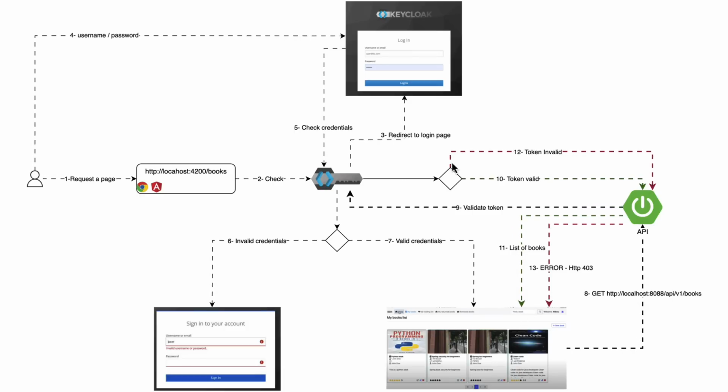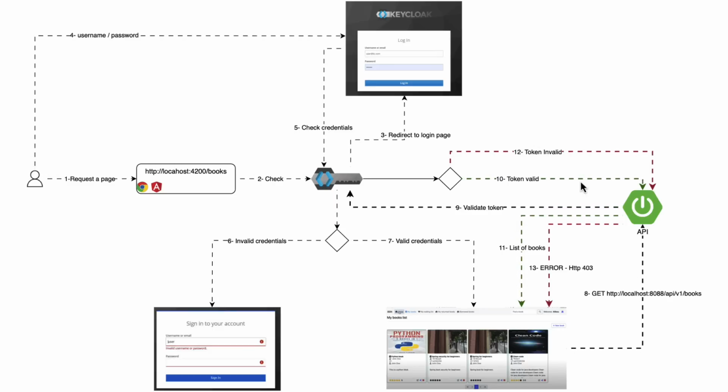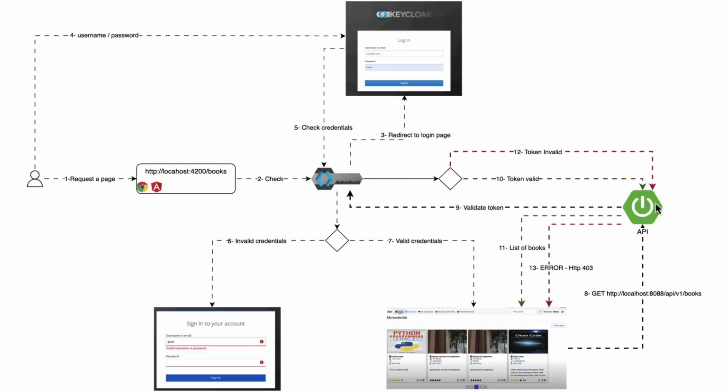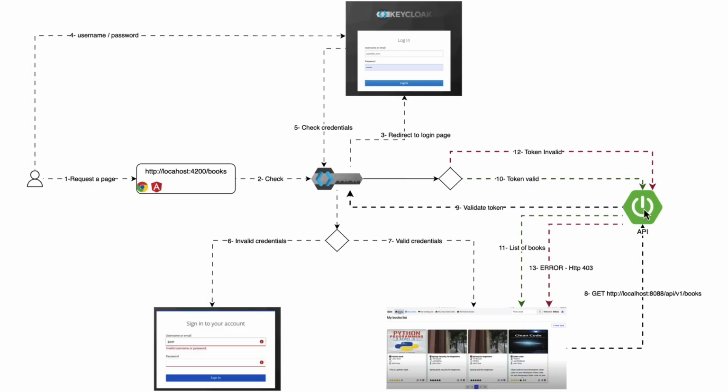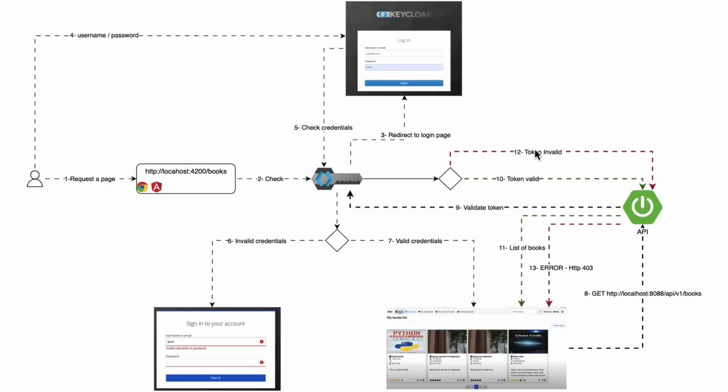Then we have the alternative scenario, which is step number 12. As you can see, the success case is in green and the error case is in red. In case the token is invalid, we will send back to the API that the token is not correct, or the token has expired, or the credential is not correct, and so on, any reason to say that the token is not valid.